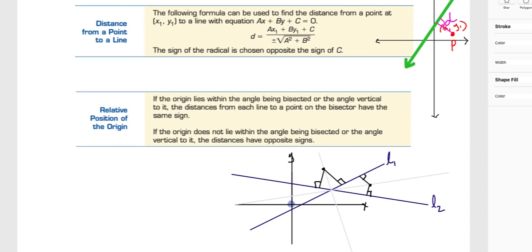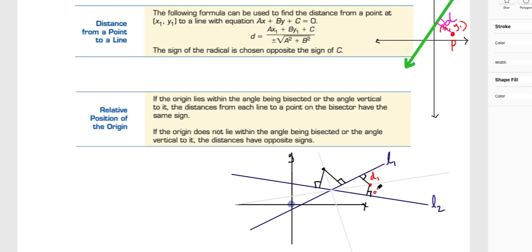What does this mean for us? If you notice that this origin is within this angle, then these d values are going to be equal.